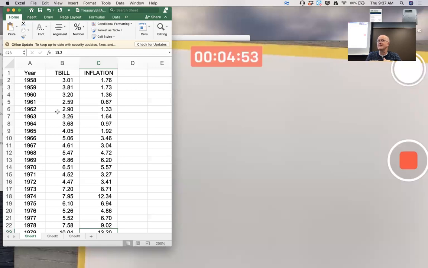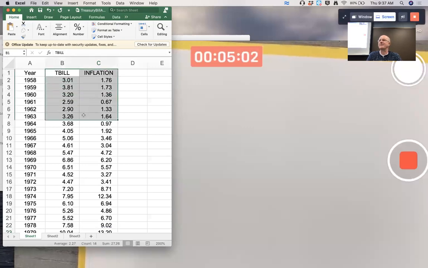Does that make sense from the point of view of an investor? So because of that, these columns are in the wrong order. You want to predict Y when you know X. Here we want to predict treasury bill return when we know the inflation. In other words, the inflation column should be the X column, and the treasury bill return should be the Y column.